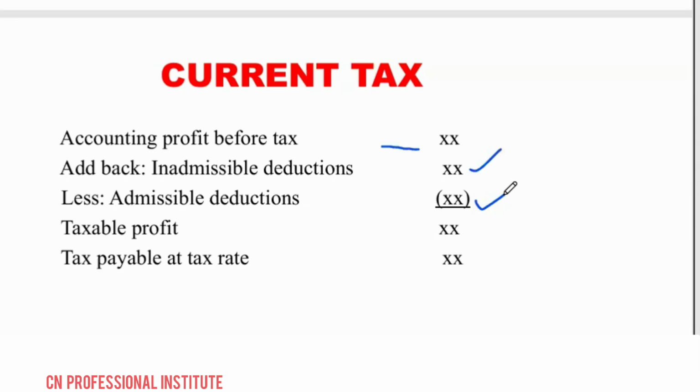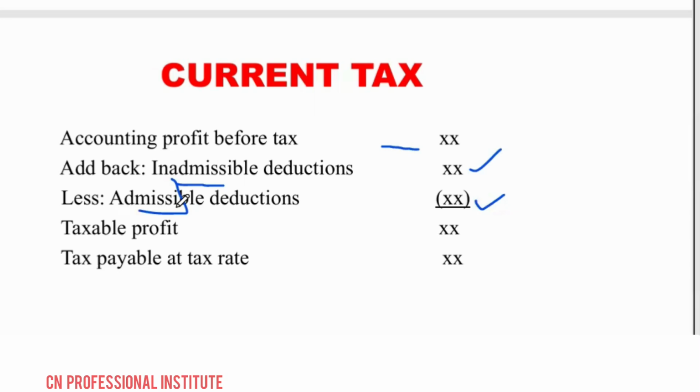And also if there's any expense that is allowed for deduction, but we are yet to deduct it, go and deduct. Right. So if it is income and it's not taxable, if it has been included in the P&L account, they have to go and less it, because it will increase profit.